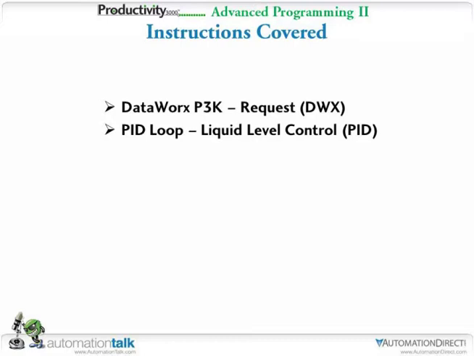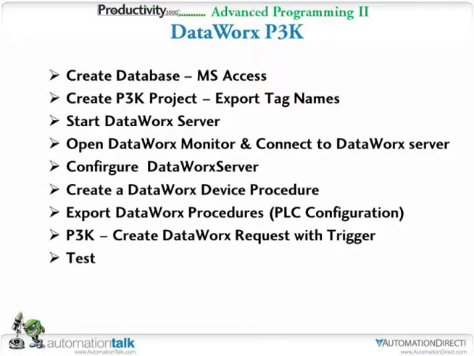It's a utility by BizWare that allows us to pull and extract data from different tag names within the Productivity 3000 and populate it into a database. To start with, if we go to the next slide, we'll get into what we're going to cover here, but let me grab the mouse if you want to switch over to the software screen.